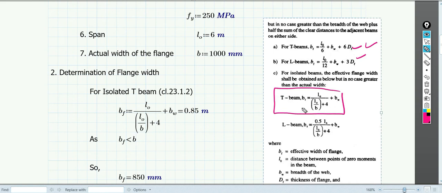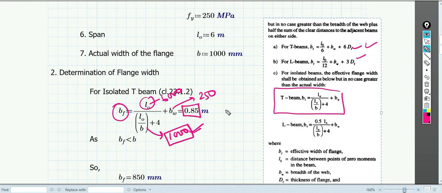So we will be taking this equation to find out the width of the flange. So bf is equal to L naught by (L naught by b plus 4) plus bw. What is bw? It is the web width, which is 250. L naught is 6000 mm, and b is nothing but the 1000 mm, that means the actual width which is available to you, and it comes out to be 850 mm or 0.85 meter.